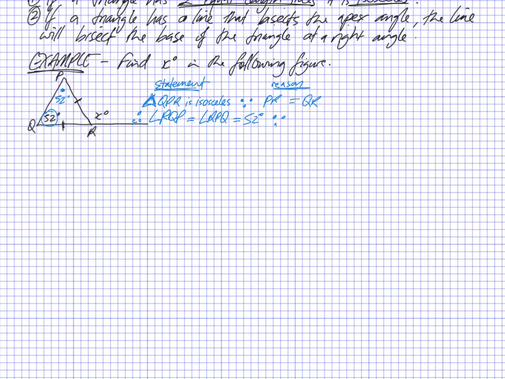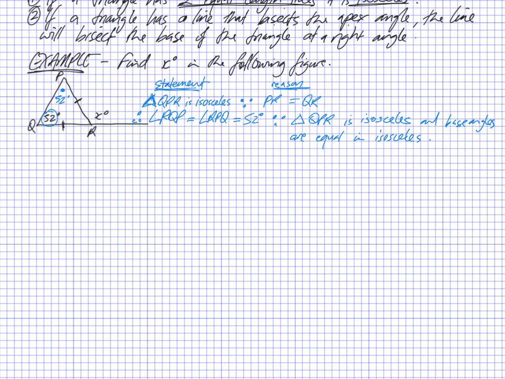Because triangle QPR is isosceles. So firstly, I've said that it's isosceles, and then I'm using a property of isosceles triangles, which is that the base angles are equal. So I've said because QPR is isosceles and base angles are equal in isosceles.